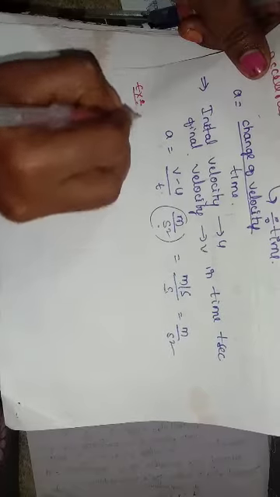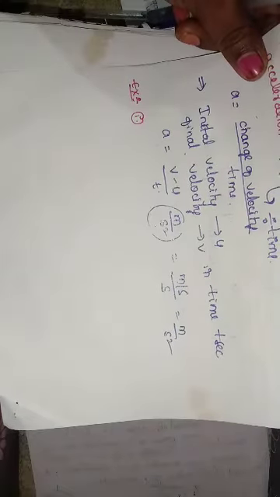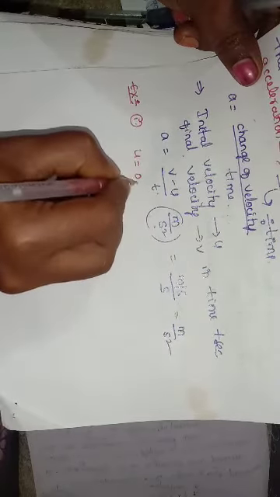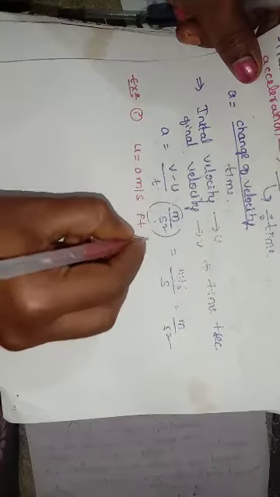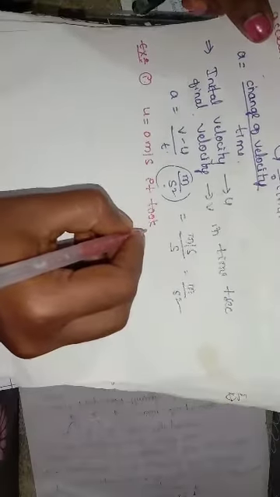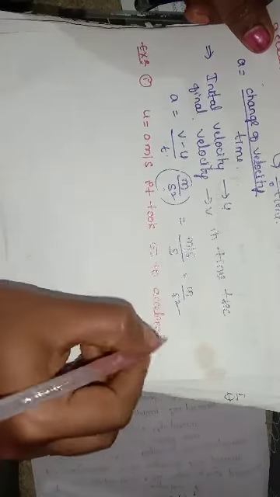So let us say example 1. Let us take a car. Initial velocity u is 0 meter per second. It took 5 seconds to accelerate to a final velocity of 10 meter per second.